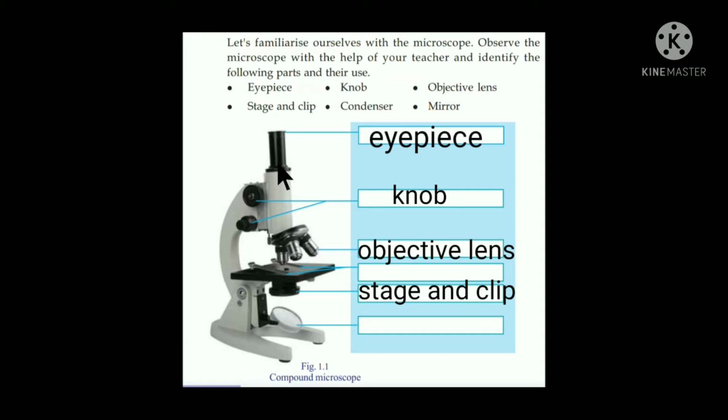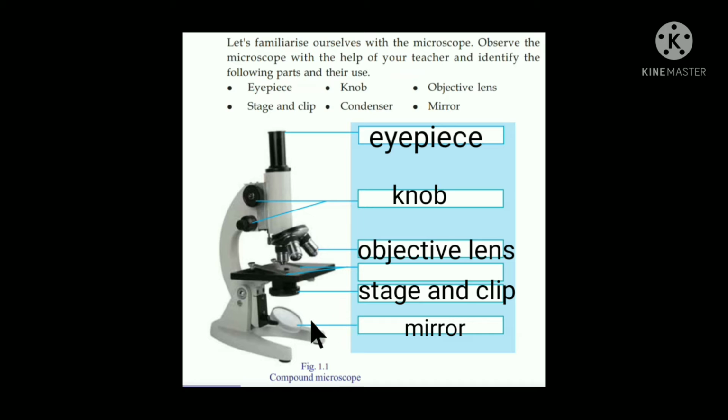Then through the body tube, it reaches the eyepiece. The eyepiece also magnifies the object. Then we will see an enlarged object here. So which is that part, reflecting sunlight and artificial light? Mirror.